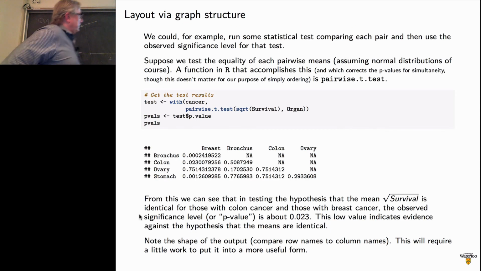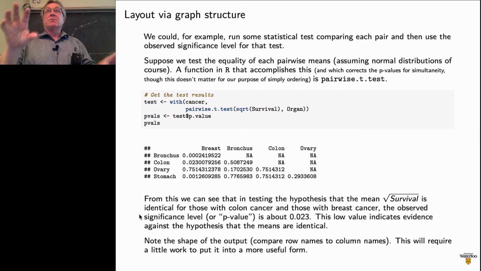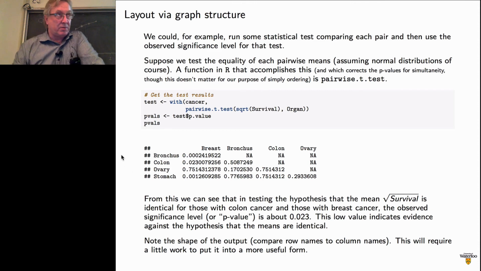Well, we have this graph where the nodes correspond to the box plots, or in this case, the organs that are of interest in comparing. And we're so far interested in all comparisons. But we could use some stuff that you know about. You know, for example, how to test the equality of means between two samples, right?